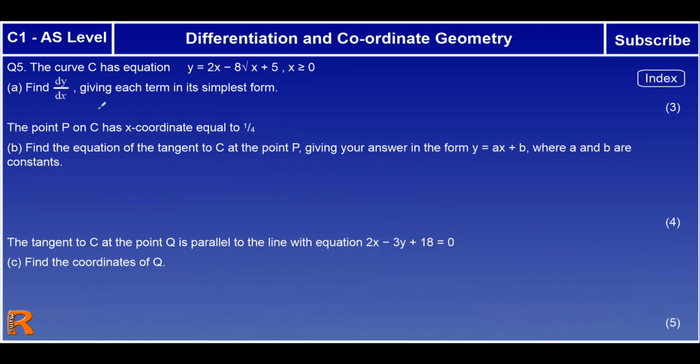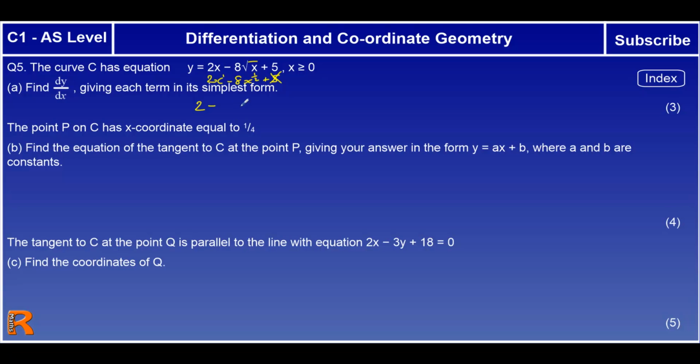Question 5. This question is worth 12 marks. Find dy by dx given each term in its simplest form. So let's alter this to be 8x to the half. That's the square root of x plus 5. The 5 bit's going to disappear because we're differentiating. 2x to the 1: 1 times 2 is 2, and the x cancels.